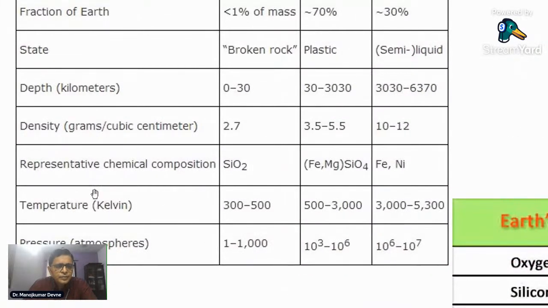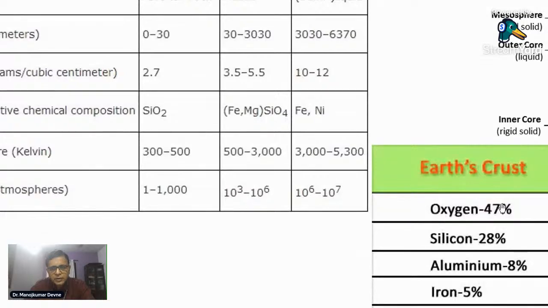As for chemical composition, we have already seen that a lot of oxygen and silica is found, here 47 and 28. So most of it is going to be oxides of silica. And then as you go into the interior, you'll see that the oxidation of silica is more.